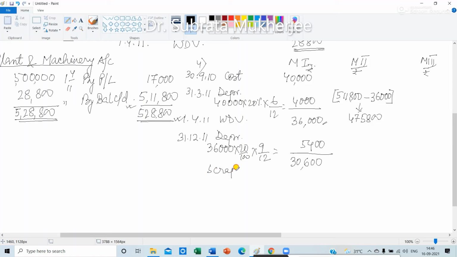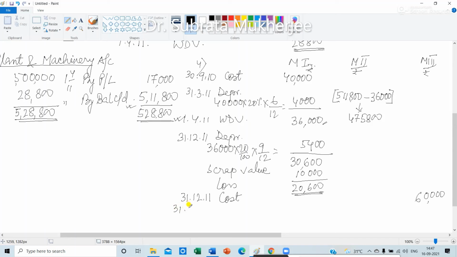Now this was scrapped for rupees 10,000, so you have incurred a loss of 20,600. And on the same day, that is on 31st December 2011, another third machine, that is M3, was purchased for rupees 60,000. This was the cost incurred for M3.